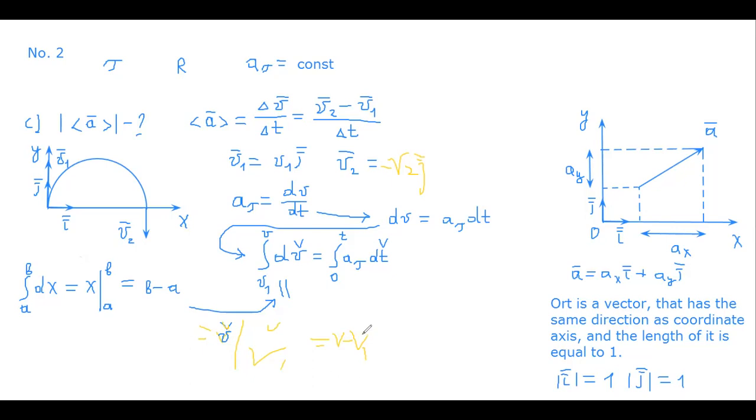Okay, and what can we say about this? About the right side. Now we have to take into account that a tau is a constant value.